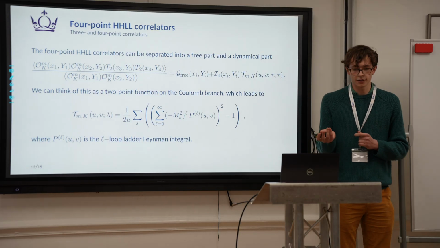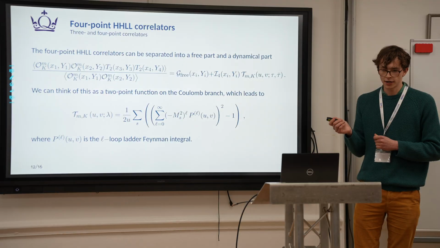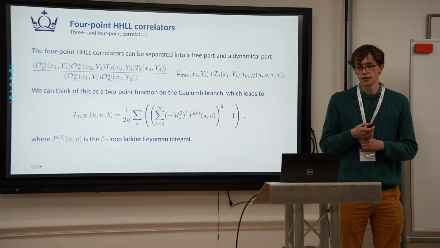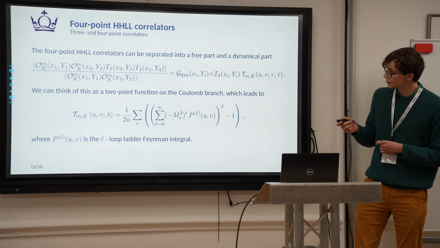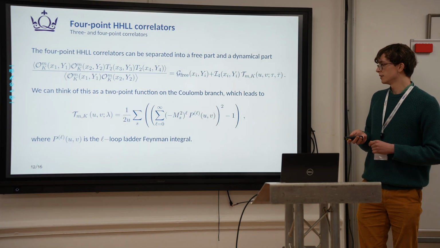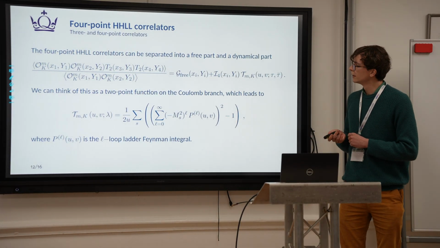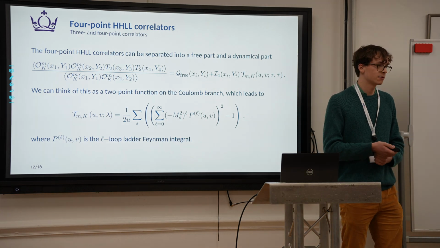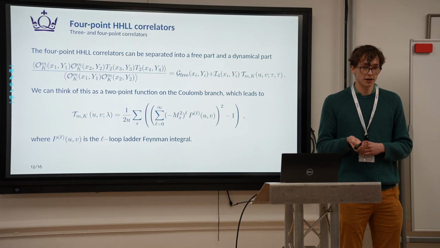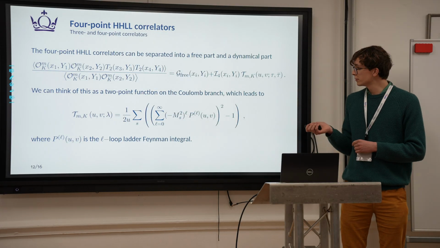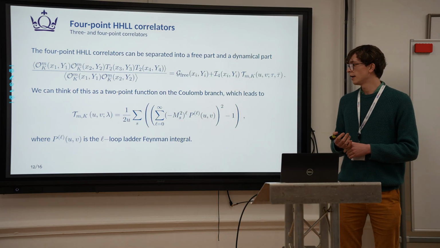So from that we find that this T, this dynamical part of the 4-point correlator, is just given by this solution here, where P is this ladder Feynman integral. So it's this very simple solution. What's especially nice about it is that we can actually do this sum over L, so we can sum over all the loops.